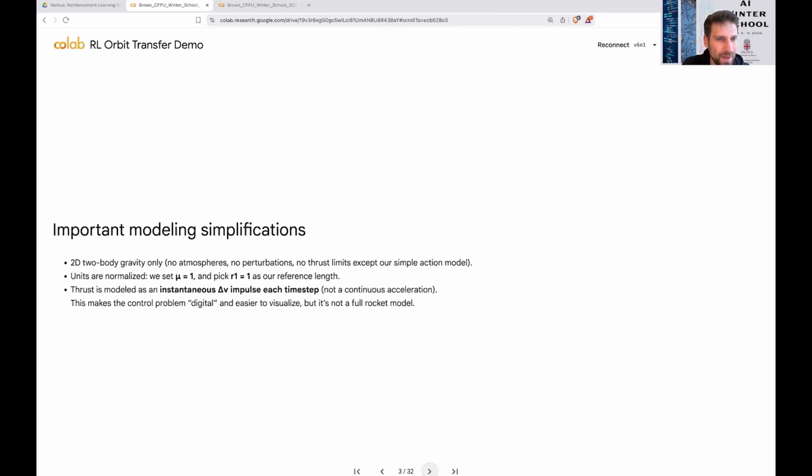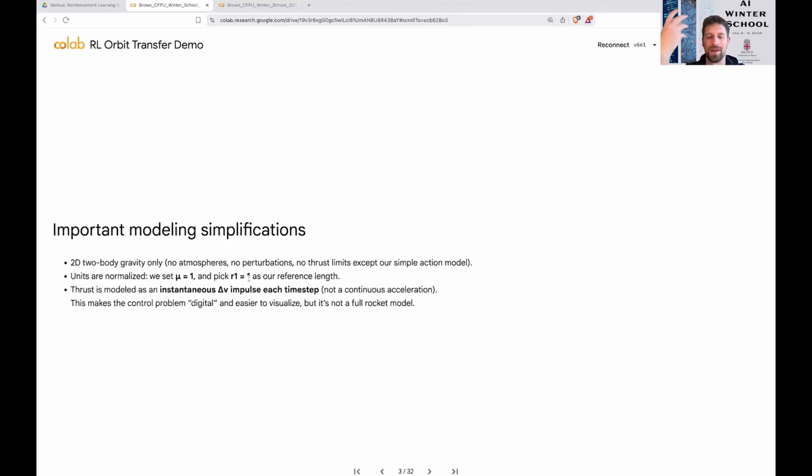So again, these are just the simplifications we used. Two body, 2D, normalized units where we're going to set mu equal to 1 and pick R1 as 1 as the reference length. We're going to have a very simple case where we just go from R1 equals 1 to R2 equals 1.6.